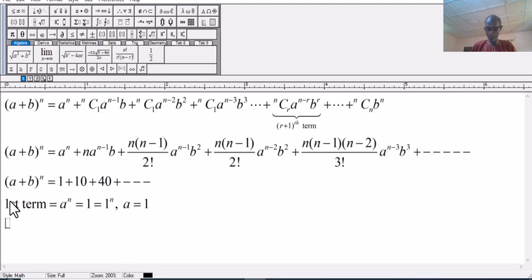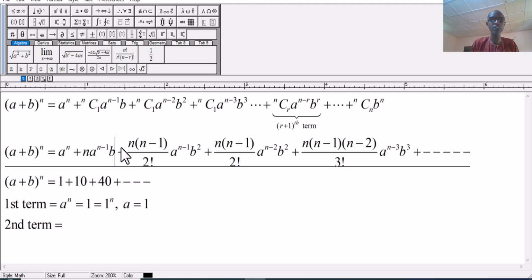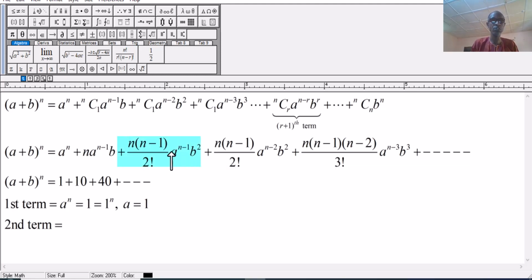Now the second term. This will be our second term in this expansion, so you pick it. That second term is equal to 10. You know the value for our a already as 1.